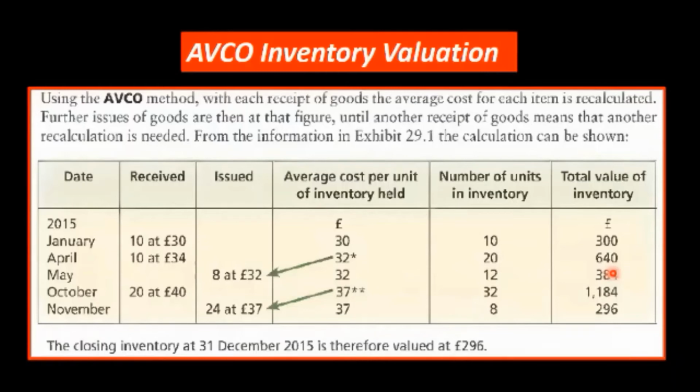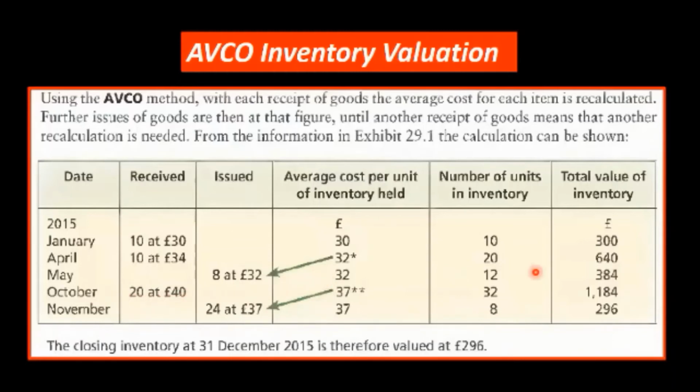Okay, so whenever you're doing it, make sure these 3 columns balance, they fit into the formula. All right, in October we have 20 being bought at $40. 20 at 40 is 800.